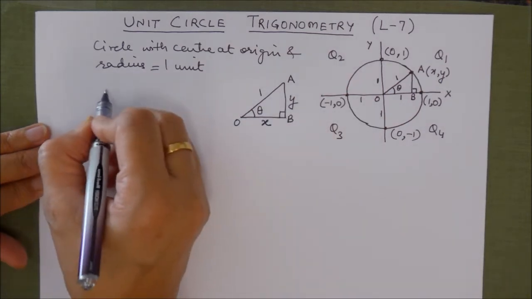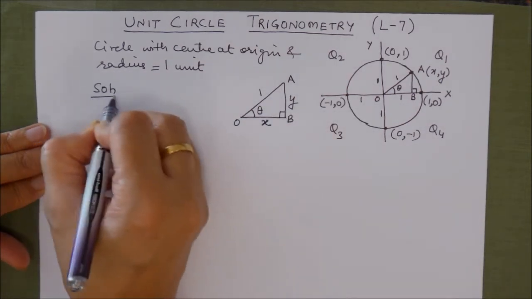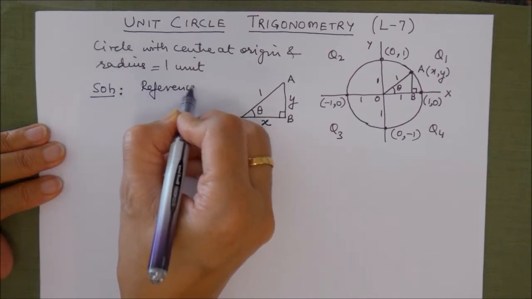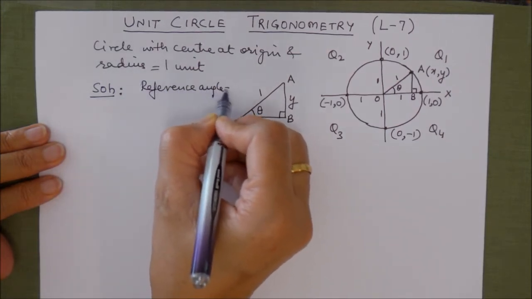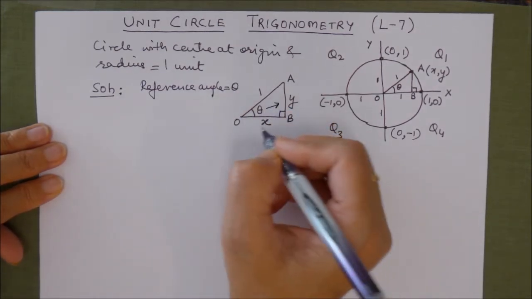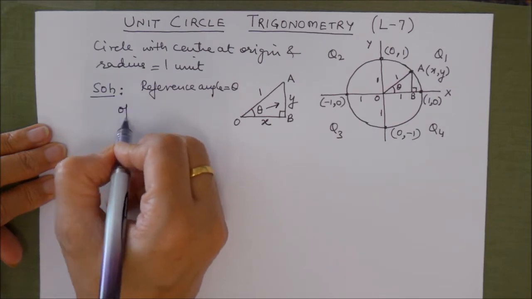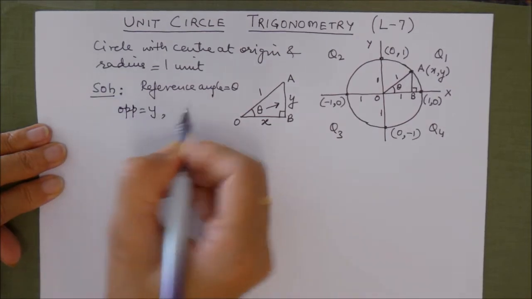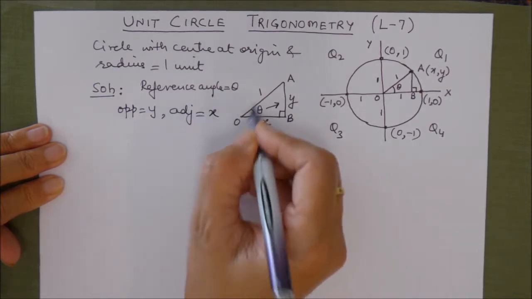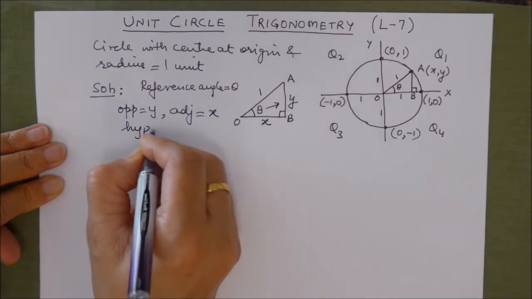Now using the concept SOHCAHTOA, we first take the reference angle theta. This is the reference angle. According to this one, this is the opposite side. So the opposite side is y, adjacent is x, and hypotenuse is 1 unit.